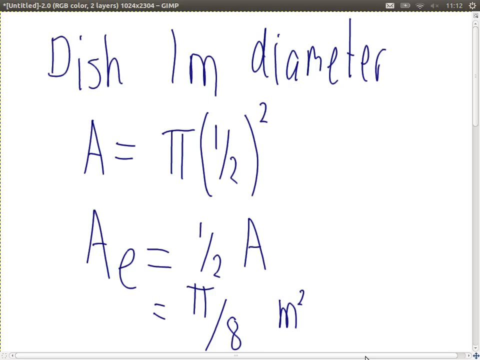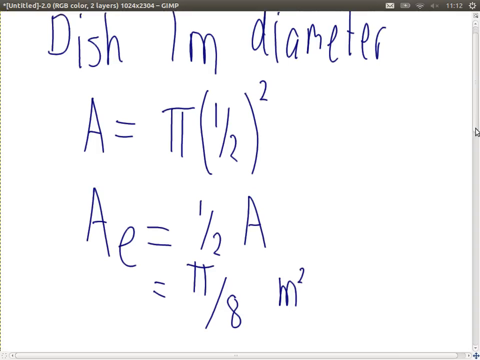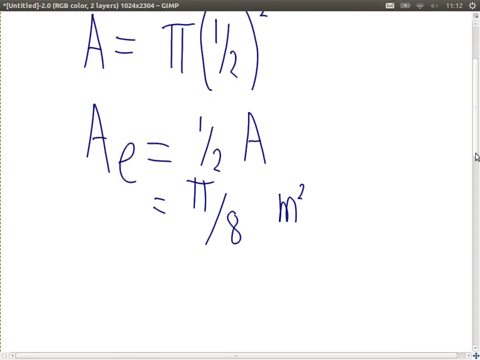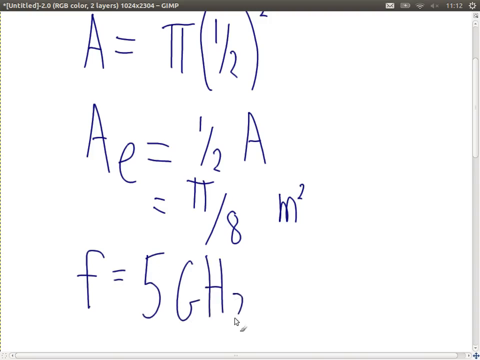Now we send a signal using this antenna. Let's say we know the frequency of that signal. It's 5 gigahertz. Find the gain of our antenna. Quickly try and find the answer. Some very simple maths.